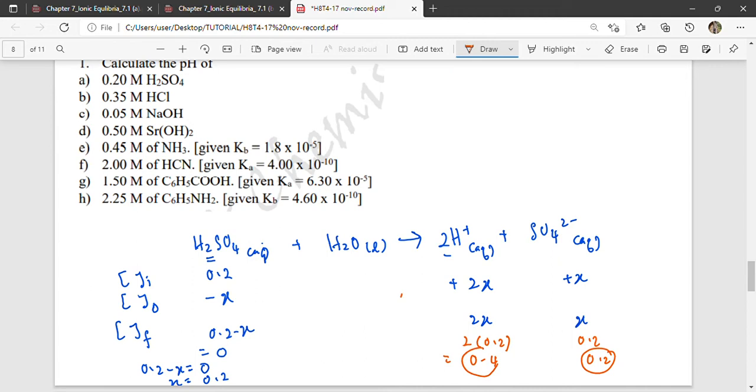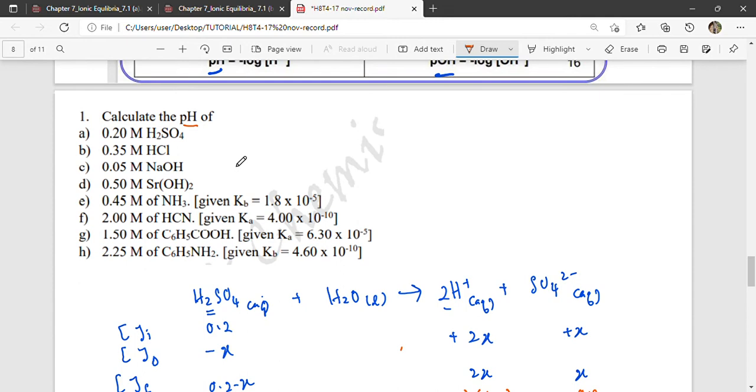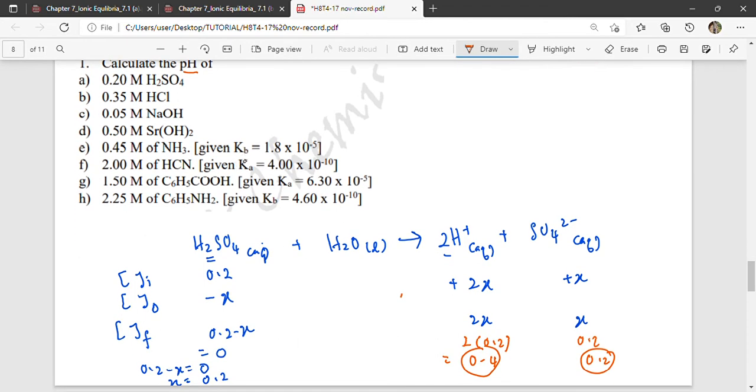From the 0.4 that we get, we can calculate the pH of 0.2 molar sulfuric acid. The formula of pH is equal to negative logarithm of the concentration of H plus.